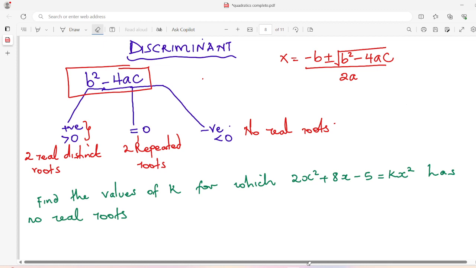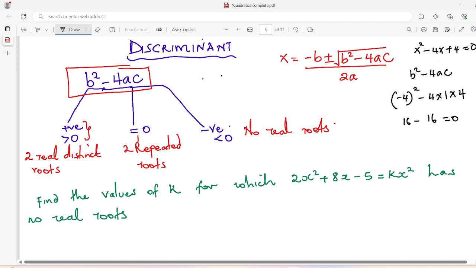So for example, if you have x squared minus 4x plus 4, let's first observe the discriminant, which is b squared minus 4ac. The b is negative 4, so negative 4 squared minus 4 times 1 times c, which is 4, so we end up having 16 minus 16 equaling 0. When you solve this quadratic equation, you will have one solution.